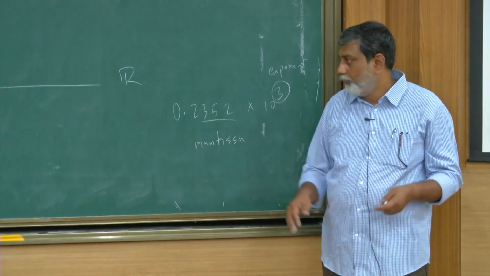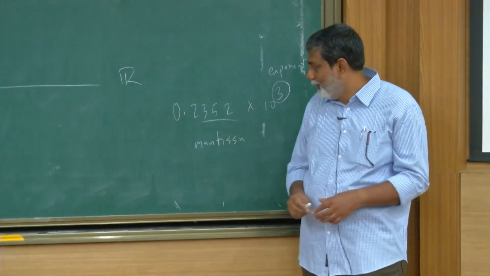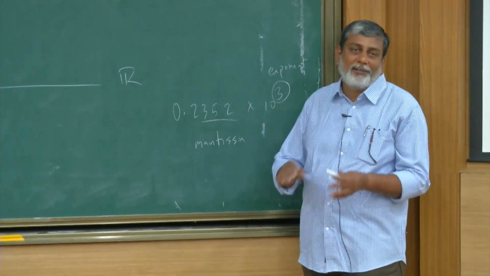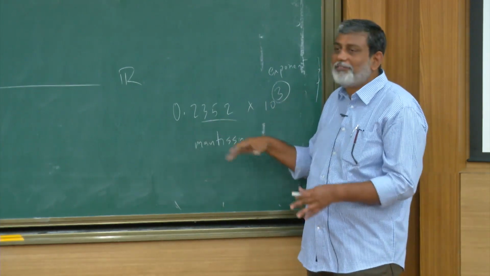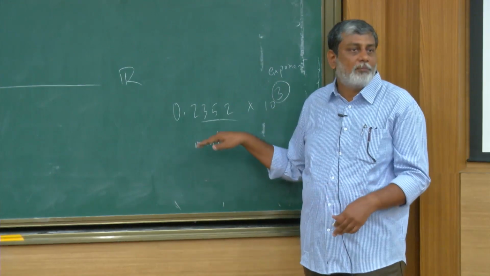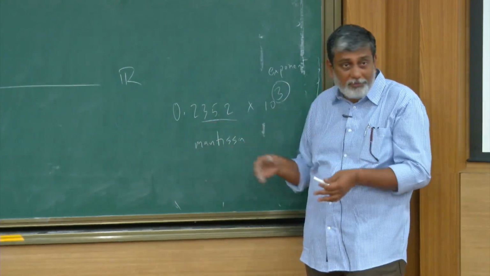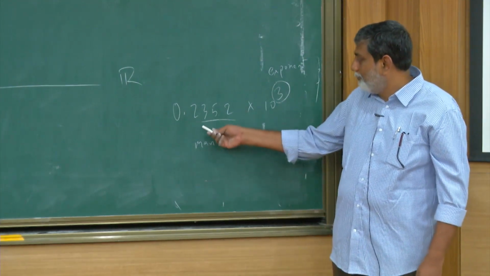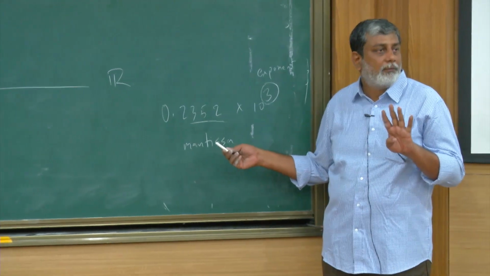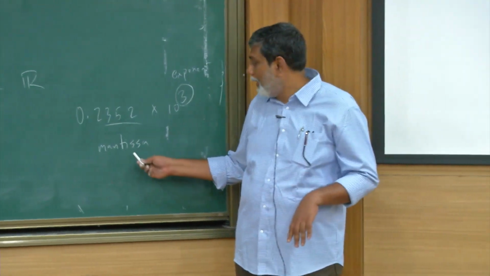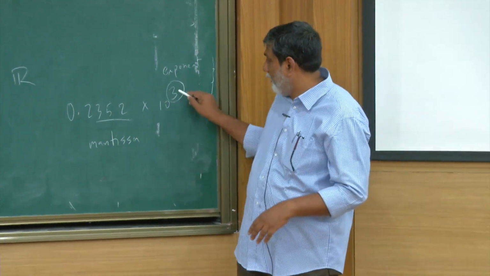Okay? So one could think of an artificial computer which, of course the computer works in terms of bits, but let's assume it stores in terms of decimal digits. So suppose you have a computer that stores 4 decimal digits for the mantissa, and for the exponent it stores 2 digits.